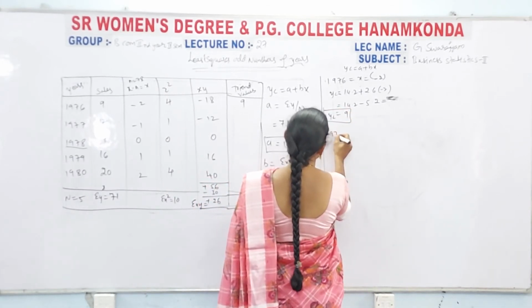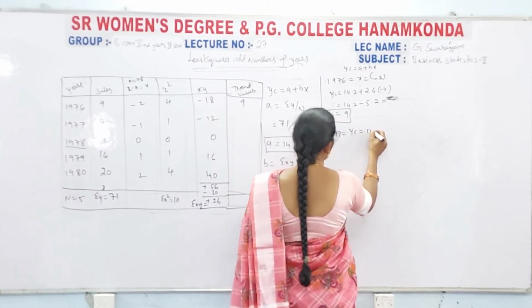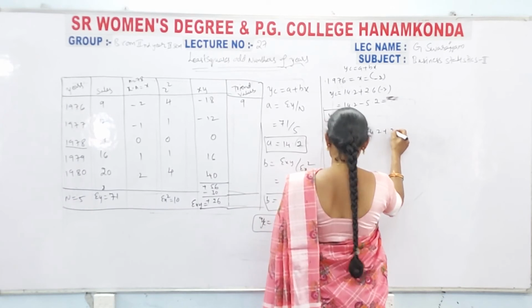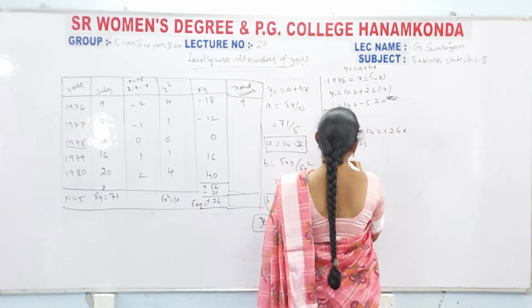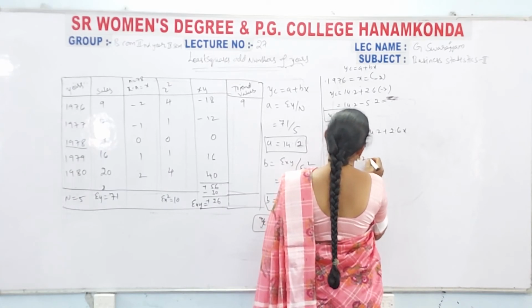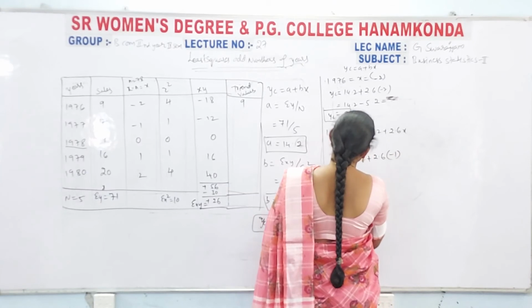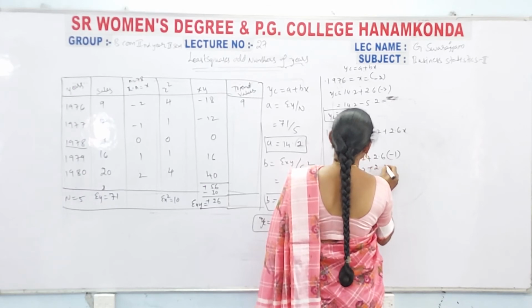In 1977, Yc is equal to 14.2 plus 2.6x, then x is equal to -1, so 14.2 plus 2.6 into -1. So 14.2 minus 2.6.